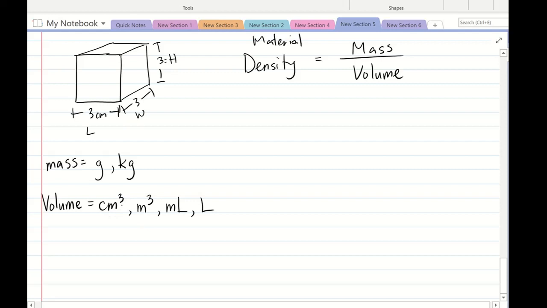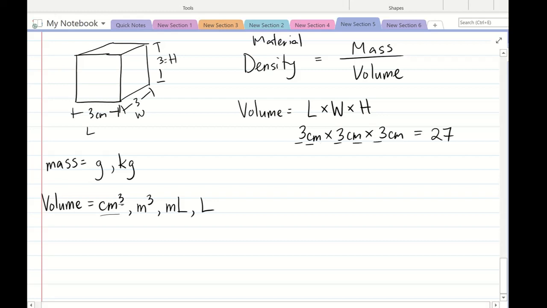Remember, just like area is to the square, to the second power, volume is to the third power. The reason is because you have a cube, a three-dimensional object. So calculating the volume of this would be length times width times height: 3 centimeters times 3 centimeters times 3 centimeters, which gives us 3 times 3 times 3, which is 27.